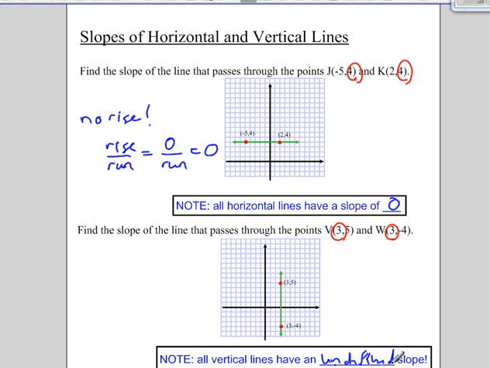And the reason for that is that there's no run. So when we do rise over run, we get some number divided by 0. And you can't have that, and so we call that undefined. So just keep that in mind with horizontal and vertical lines.